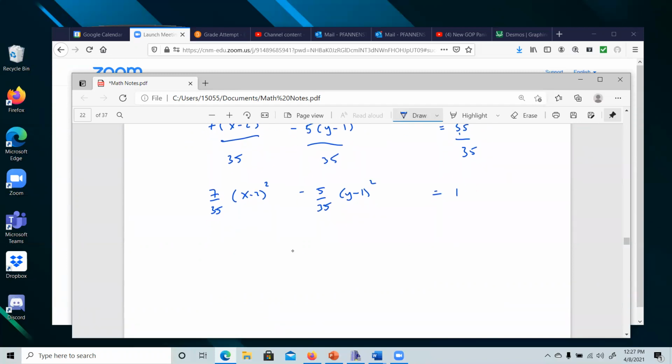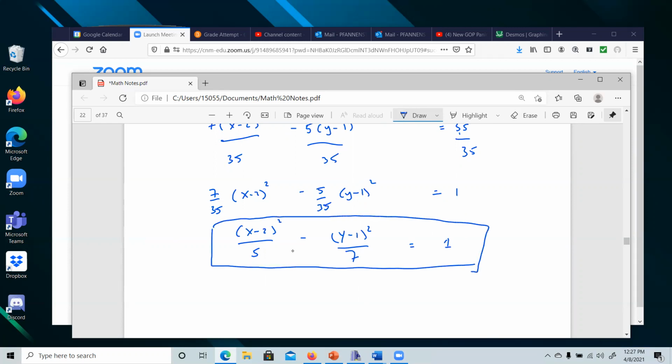Isn't that a fifth? So that's (x minus 2) squared over 5 minus (y minus 1) squared over 7 is equal to 1. Hooray, now we have it in standard form.